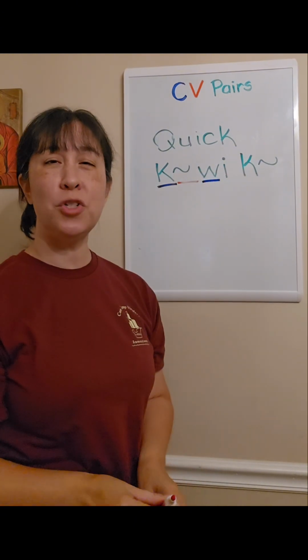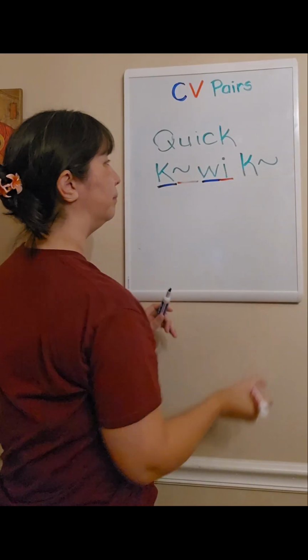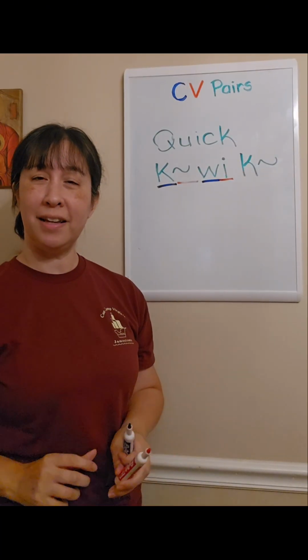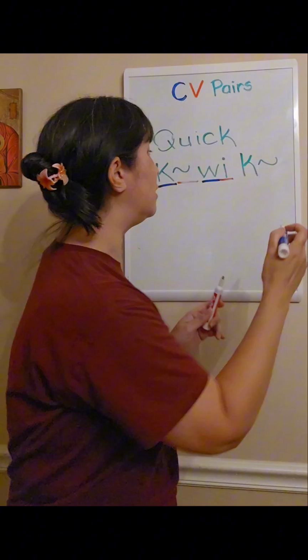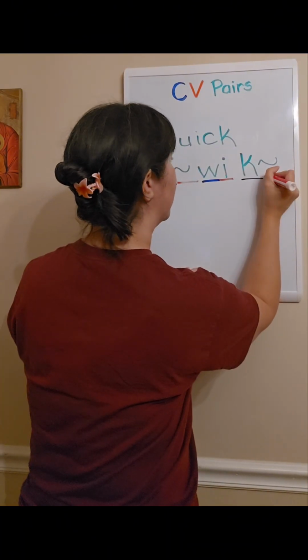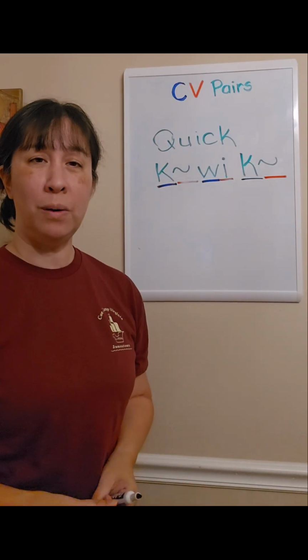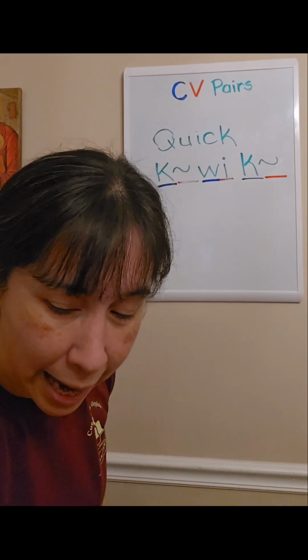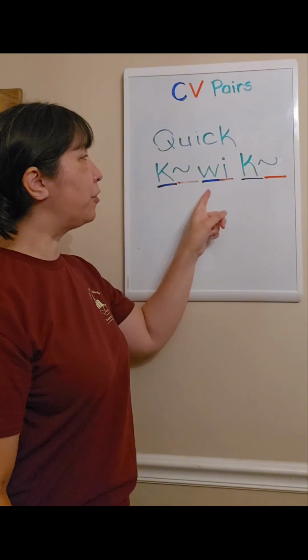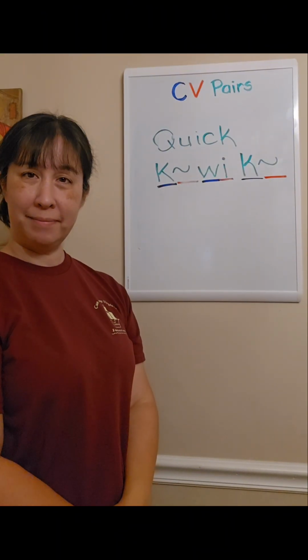And obviously the short I sound is a vowel. And then you have the K by itself again, same deal. The K is a consonant and the nothing still gets put in the vowel placement category. So we have 3 CV pairs in the word quick.